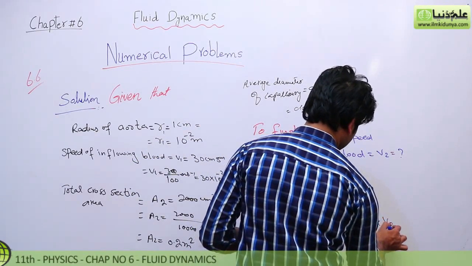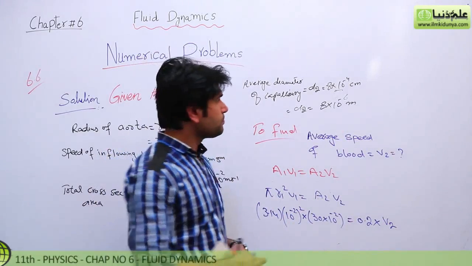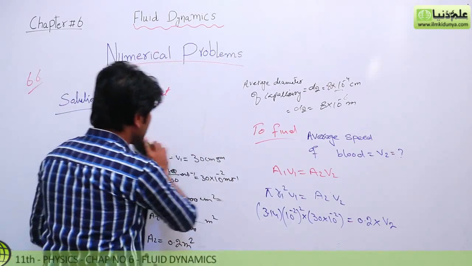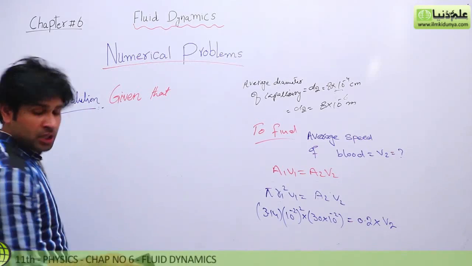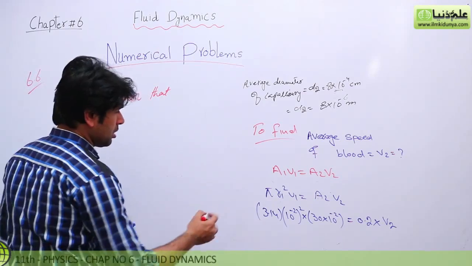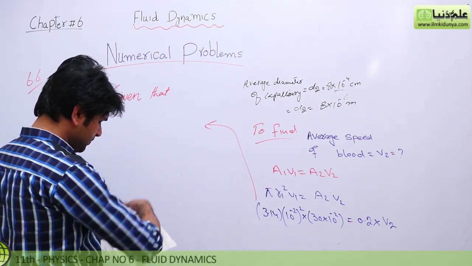And what will we have to find? We will have to find V2. Now students, I'm going to erase this because there is less space on the board to solve this. So to solve this, I hope you have noted it down. Now solve this by rearranging this equation.